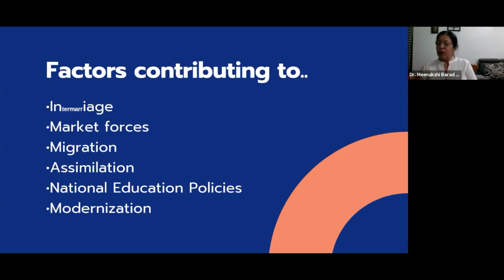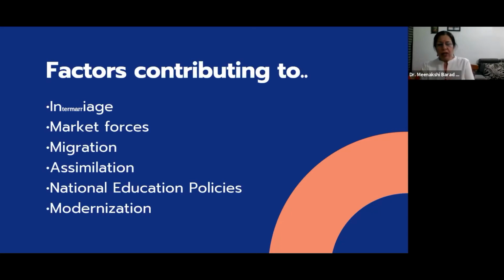Another possible cause for language shift is when there is very little difference in terms of lifestyle, custom, and culture between the majority and the minority language community. Then the minority community tends to assimilate the language of the majority community.